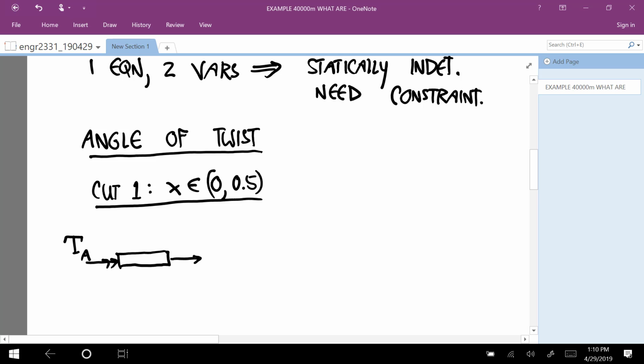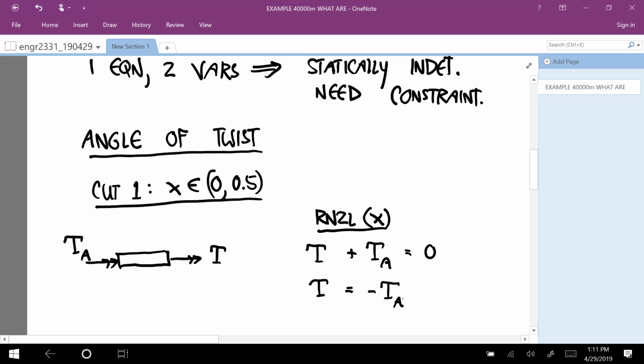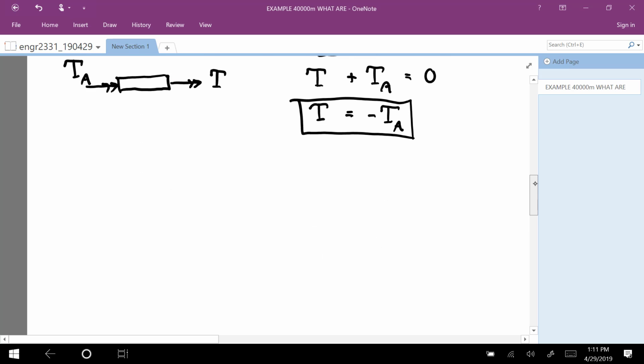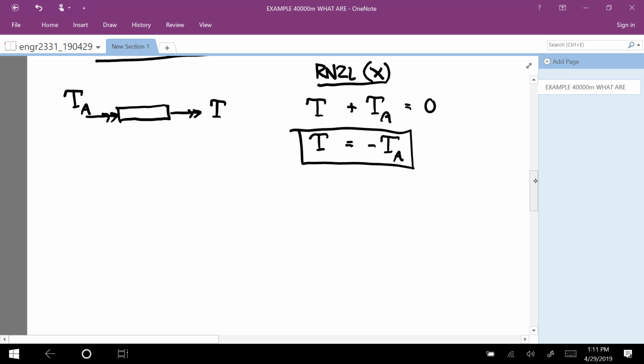And then we have the internal torque, T. And the moment equation about the x-axis says T plus TA is equal to 0. So the internal torque is negative TA. And that's relevant on the first third of the bar.